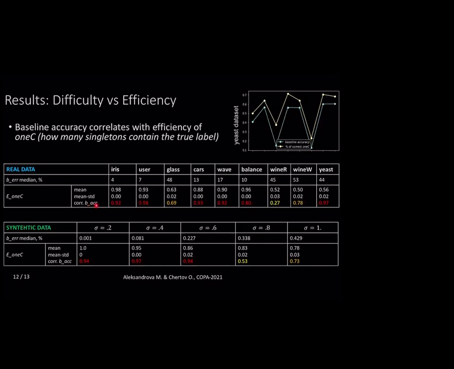We can observe that in many cases this correlation is very high, over 0.8. In some other cases it is also quite high, reaching 0.78 or 0.69, so almost 0.7. And in the case of real data sets, we observed only one deviation for one data set, where the correlation was as low as 0.27.